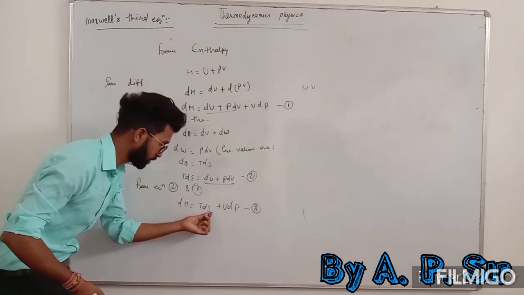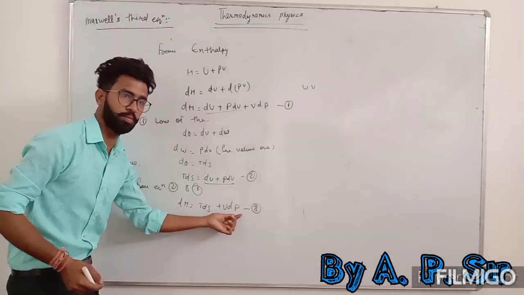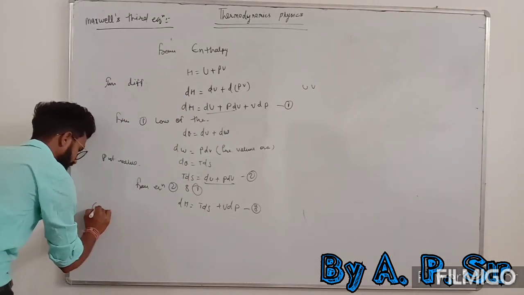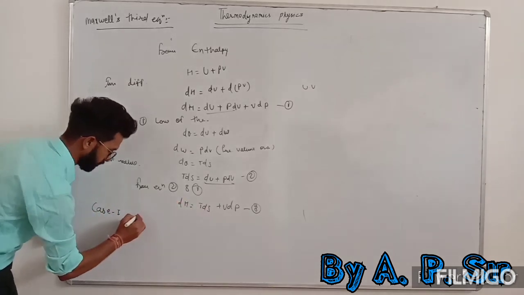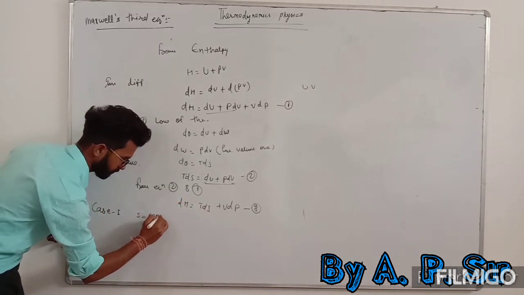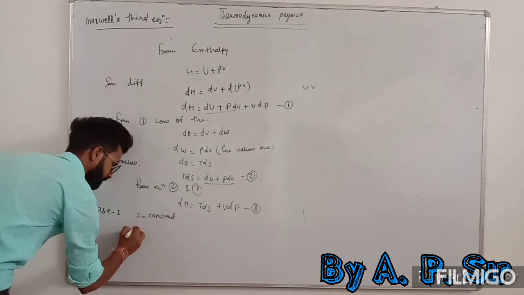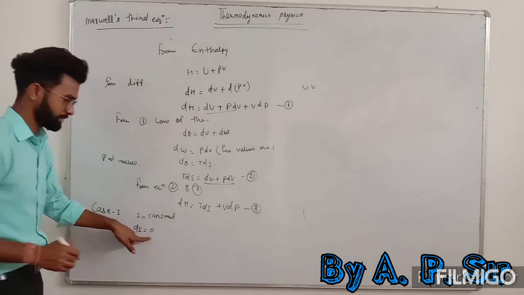There we have two thermodynamic coordinates in differential form. Then we apply two cases. Case first is S equals constant. Then the differential form of S is 0.